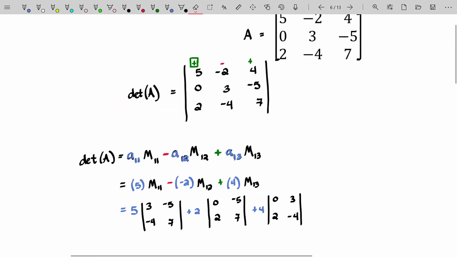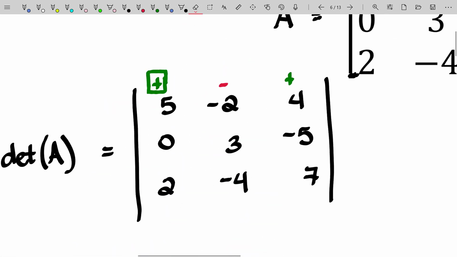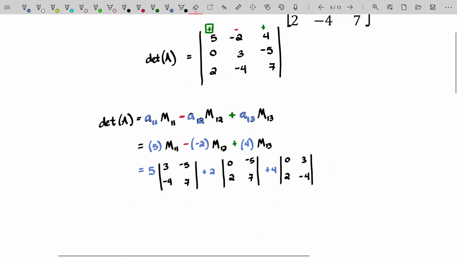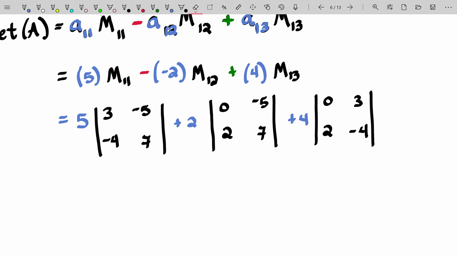Notice that we started by asking what's the determinant of this 3 by 3 matrix, and we ended up getting down to the sum of 3 determinants, but all of these sub-determinants are smaller sized matrices. They're all 2 by 2s. And in fact, that's the pattern that will happen.